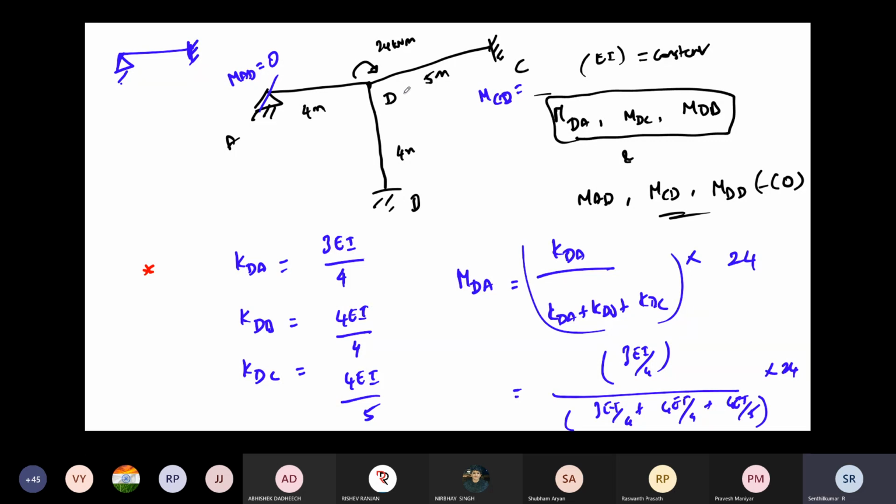What about your MCD, if you know the MDC? Minus 24. 50%. Now we need to put minus and all. 50% should be, so MDC by 2. So what about your MBD? MDB by 2. 50% of DB, 50% of DC will be MCD.